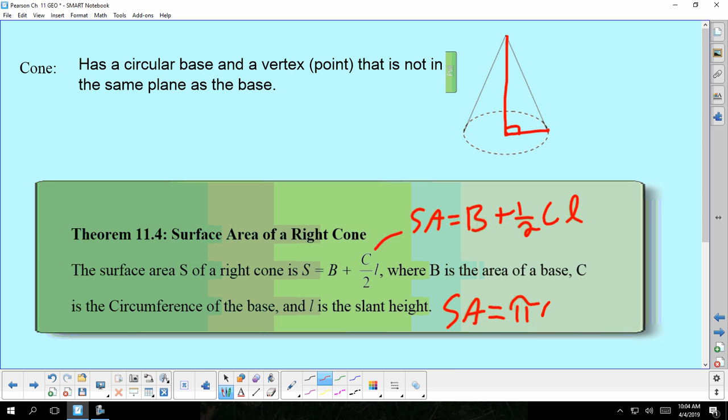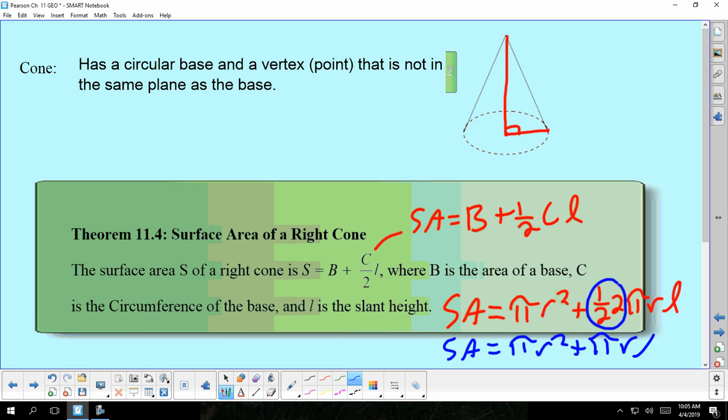That's the big B. Plus 1/2 2 pi r times L, right? 2 pi r is the circumference. And I can take this even one step further. I know 1/2 of 2 is just 1, right? So the surface area of a right cone is actually pi r squared plus pi r L.